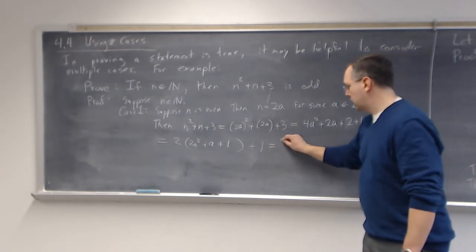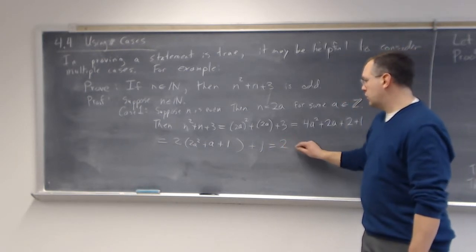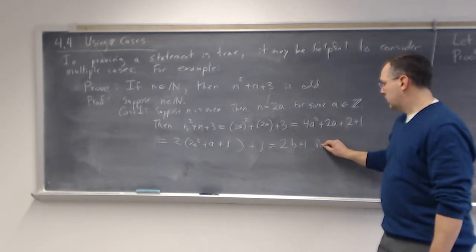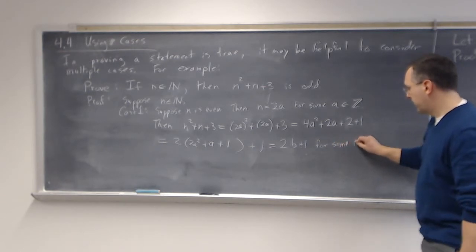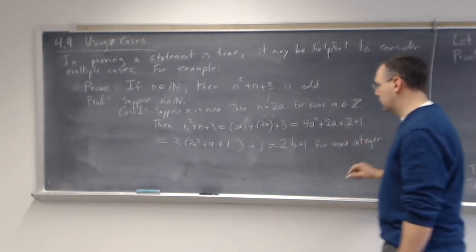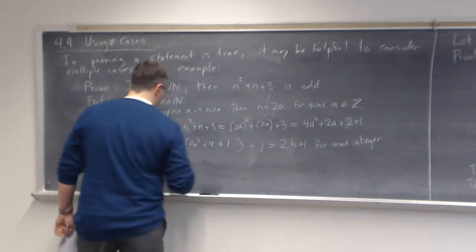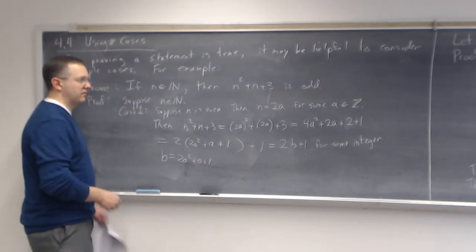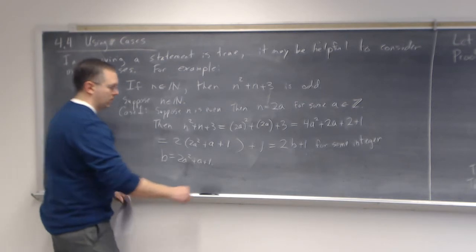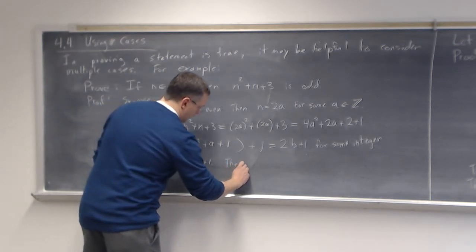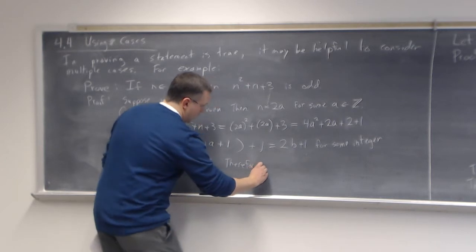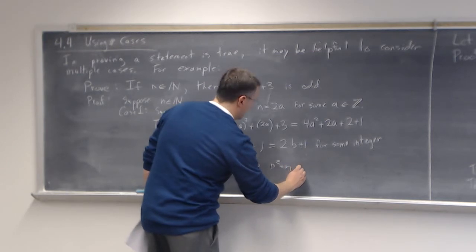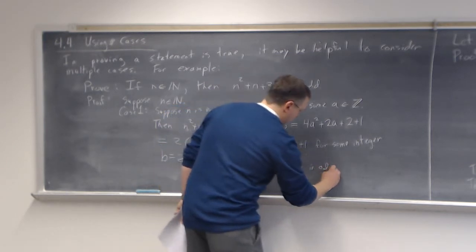So that equals 2b plus 1 for some integer b, which equals 2a squared plus a plus 1. Therefore, n squared plus n plus 3 is odd.